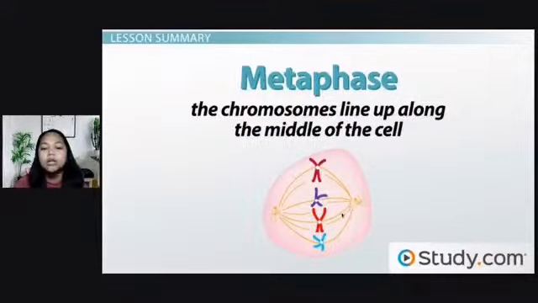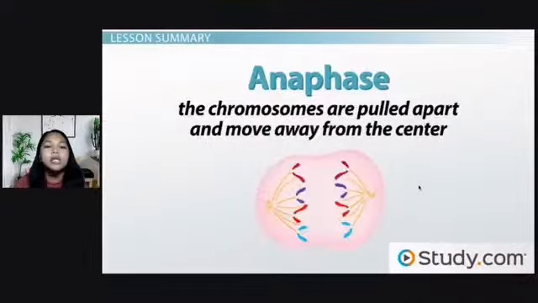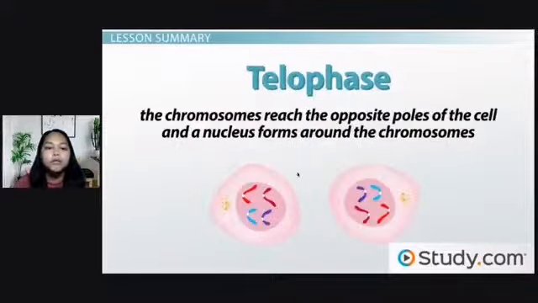And siya kasi yung nagiging source ng spindle fibers, itong thread-like structure where your chromosomes would get attached during cell division. Okay, now this is your anaphase, the splitting of your chromosomes. Then, of course, you have telophase. This is the opposite of your prophase. The chromosomes reach the opposite poles of the cell and the nucleus forms around the chromosomes. Okay, so kabaliktaran siya ng inyong prophase.